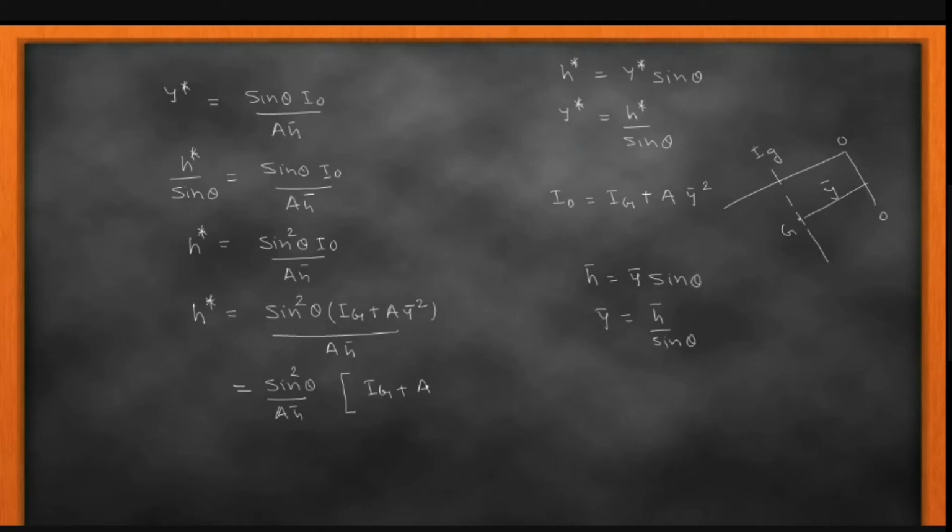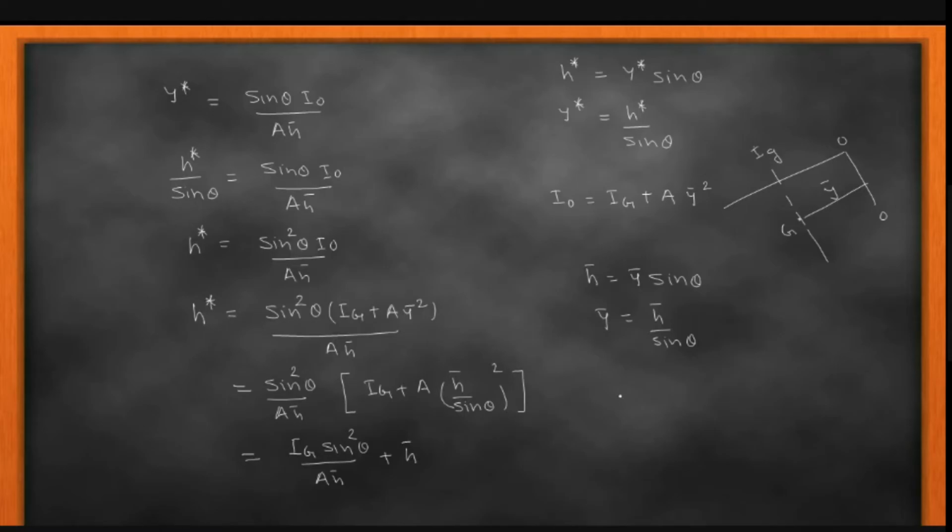So A is constant. Y cut equals H cut divided by sine theta whole to the power 2, bracket is over. Now if I multiply this sine square theta upon A H cut with all the terms, then the first term that I get is IG sine square theta divided by A H cut plus, this A is cancelled out, the sine square theta is also cancelled out, H is cancelled out. So finally I get only the H cut.